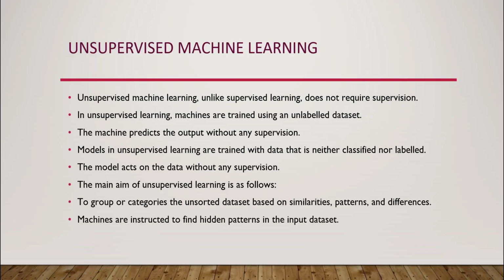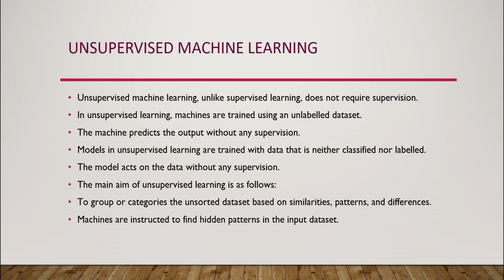Okay, the next type of machine learning is unsupervised machine learning. So what is unsupervised machine learning? Unsupervised machine learning, unlike supervised learning, doesn't require supervision. Okay, you don't have the labeled data set. So what is the difference between supervised and unsupervised?